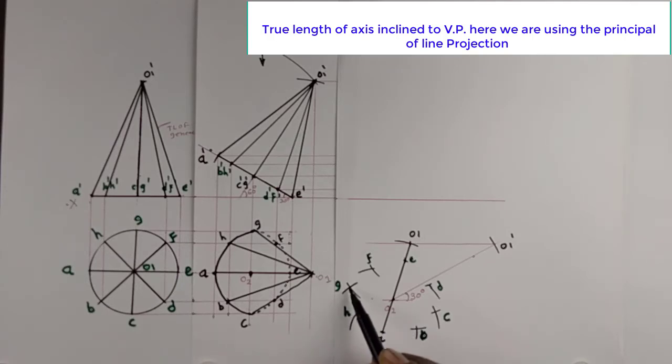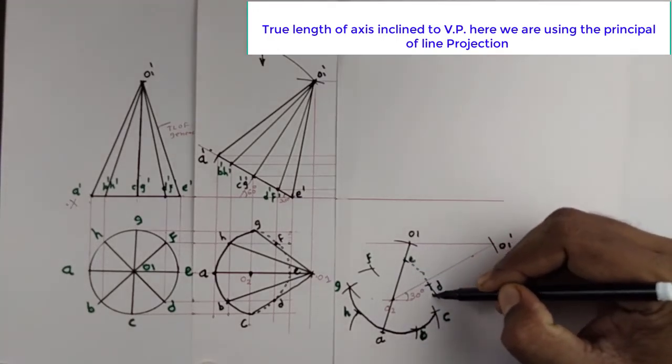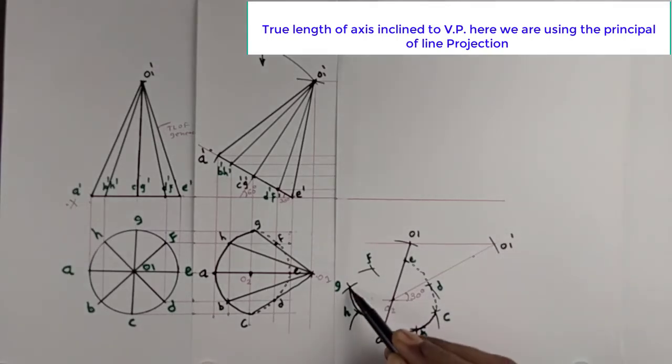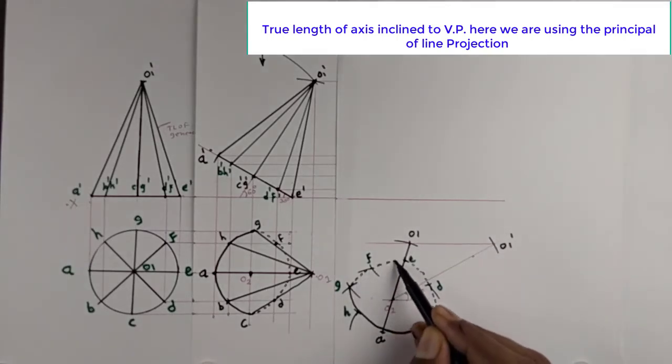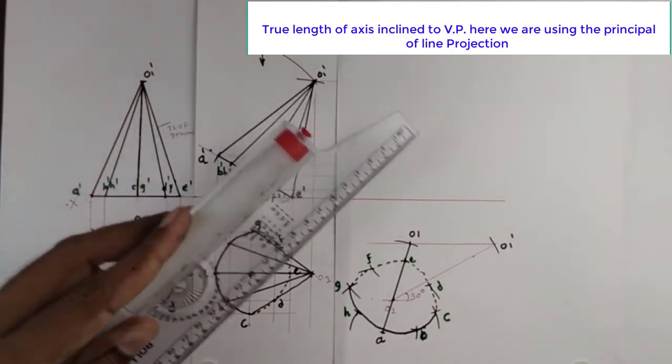As it is, you can draw the joint G, H, A, B, C, the full line, then this is dotted, this is dotted. Connect with your apex point.